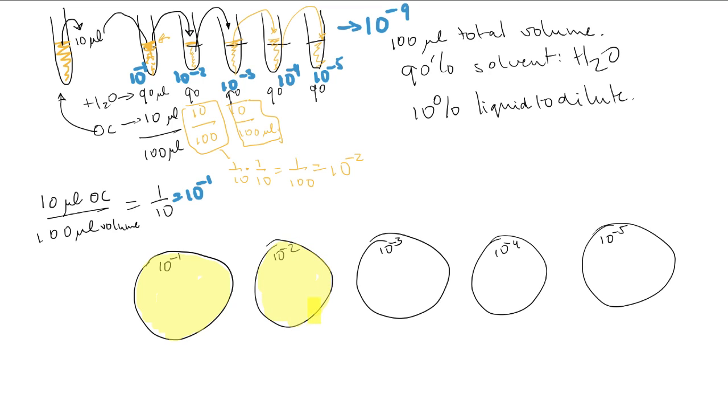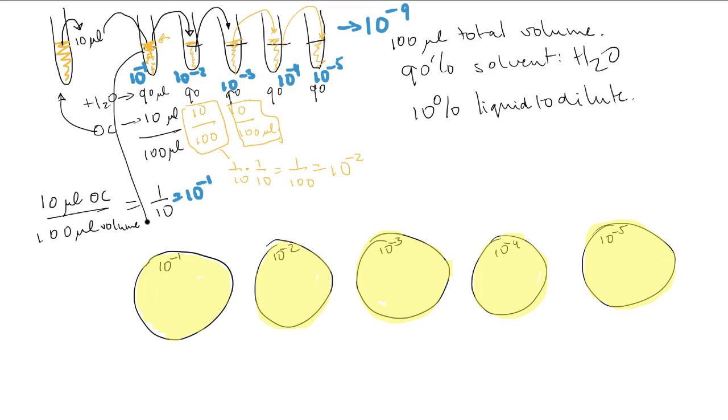The contents of the 10 to the negative 2 tube comes here. The contents of the 10 to the negative 3 tube goes here. The contents of the 10 to the negative 4 tube goes there, and the contents of the 10 to the negative 5 tube goes here. We spread all these liquids evenly over the surface of the plate.